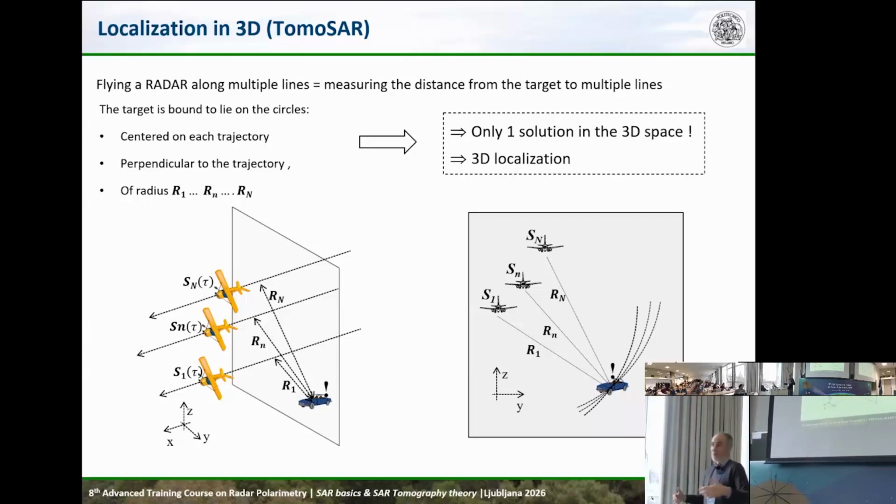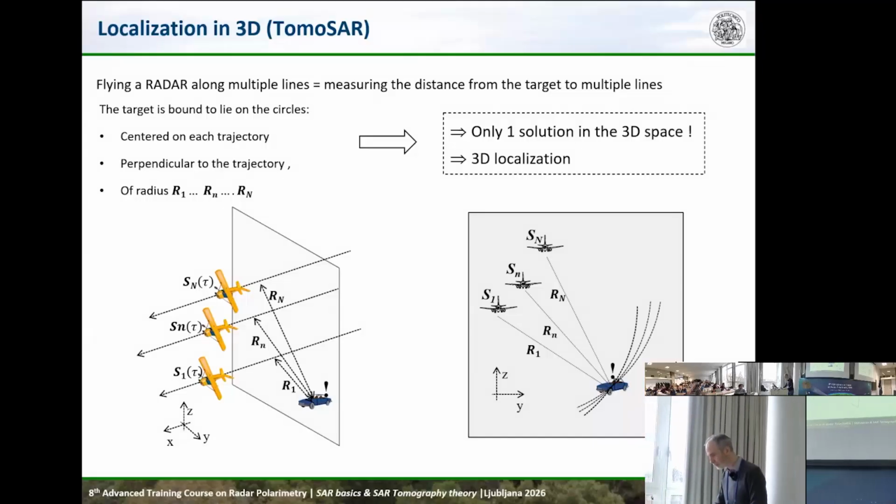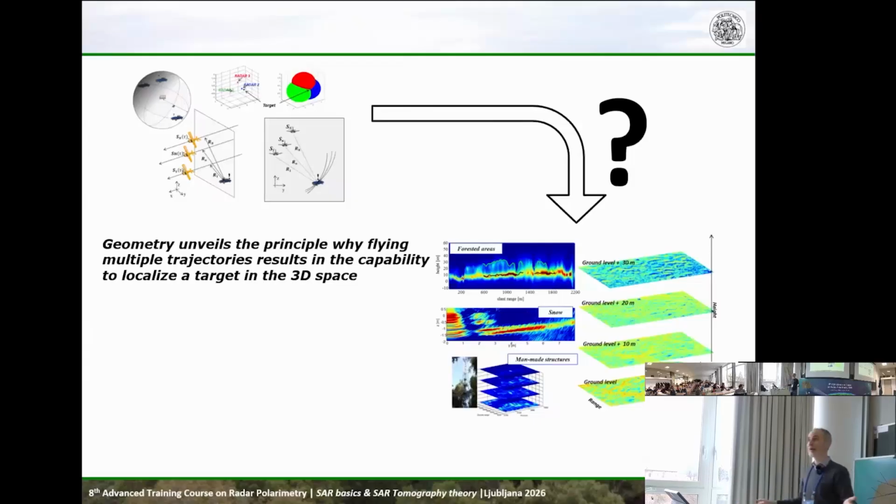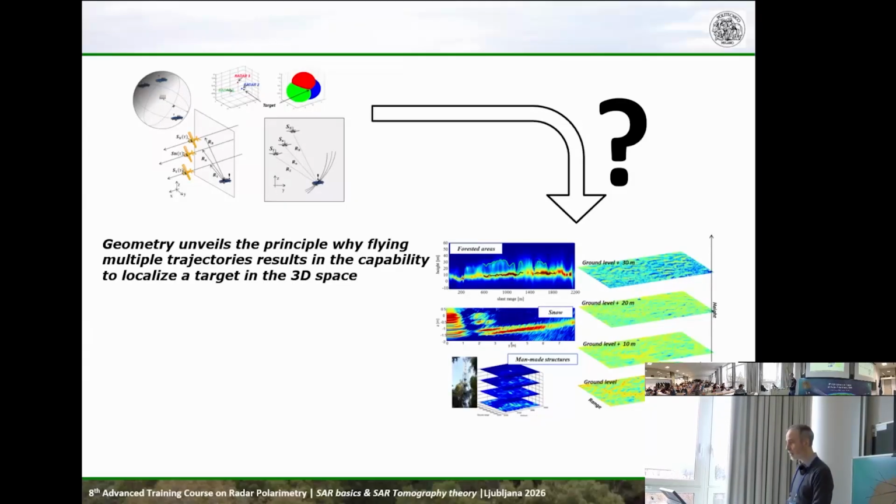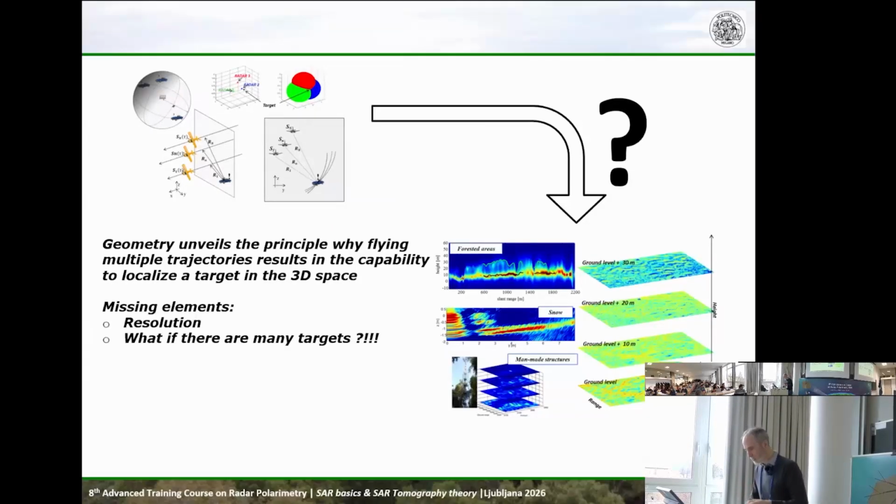So that's why tomography can give you three-dimensional localization capabilities. And so geometry is great. I think that it is a very robust approach, but it doesn't tell the whole story because there are missing elements. The first one is resolution.